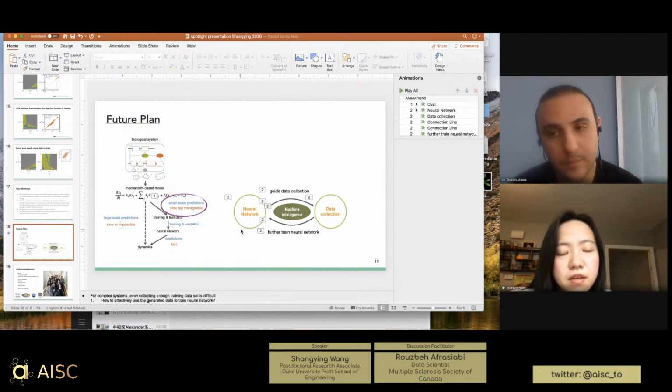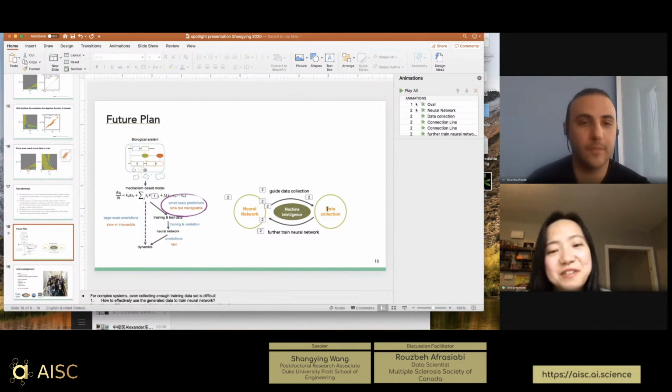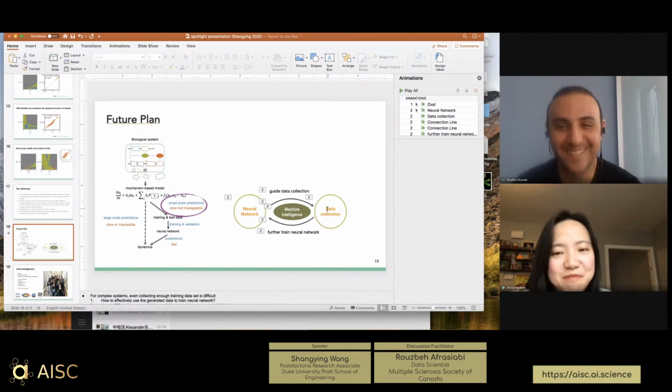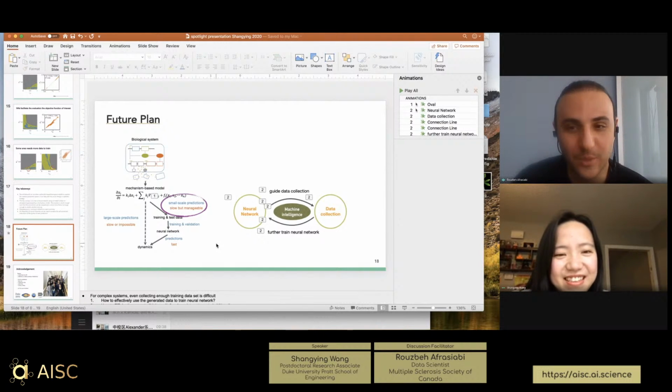If there are some places where the neural network did very badly, like the disagreement between the ensembles is very large, then the neural network may be able to provide feedback in this area, maybe around these parameter sets: I didn't do very well, so I need more data around this area. I'm still wrapping up, so maybe my next paper will explain more on this. I think that answered the question.